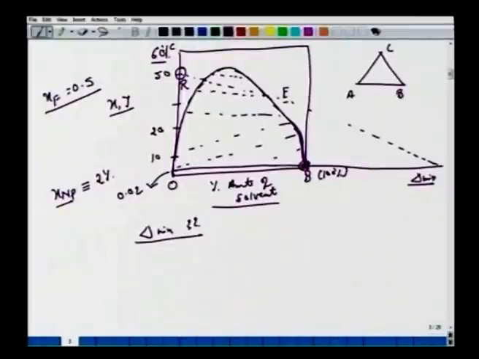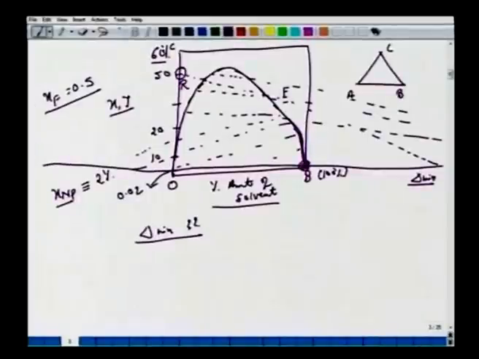If you try to extend any other tie line, you can see that it will go beyond this, like this. There is also a possibility: look at these two tie lines, or some tie lines at the lower concentrations for raffinate. When you extend this line, it will also intersect somewhere here, and this may give you delta min, corresponding to which we have this S min here.